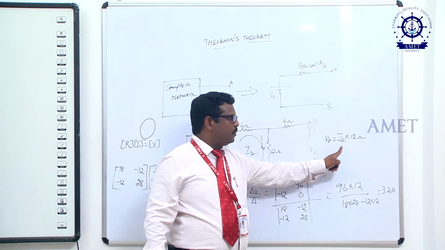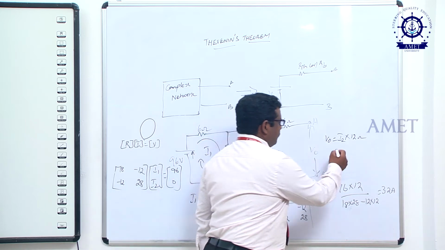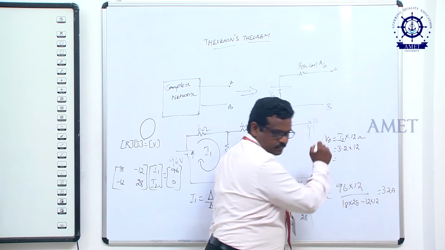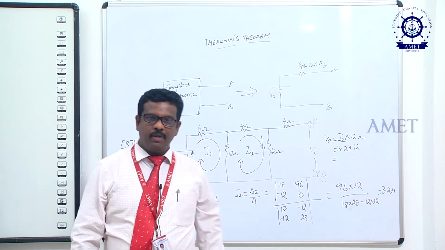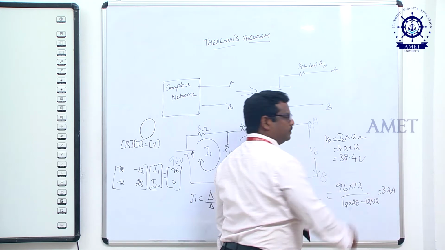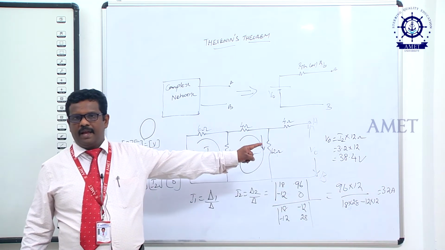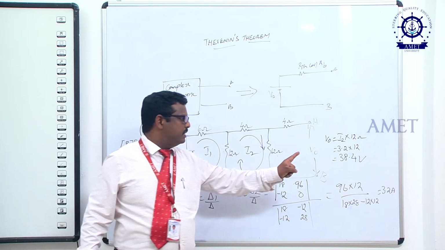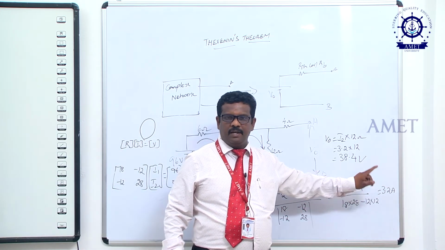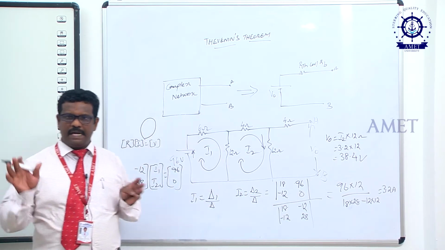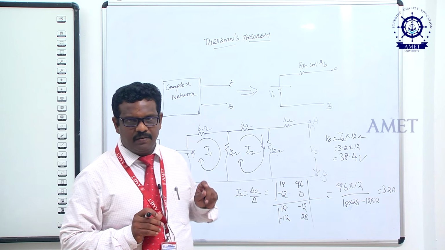Therefore, V naught is equal to I2 into R. That is 38.4 voltage. Now we have found the Thevenin's voltage or open circuit voltage, 38.4 voltage. Do you have any doubt in this, how to find out the Thevenin's voltage? I hope you all understand this one.